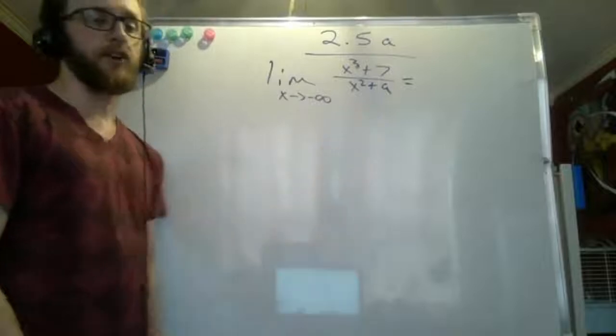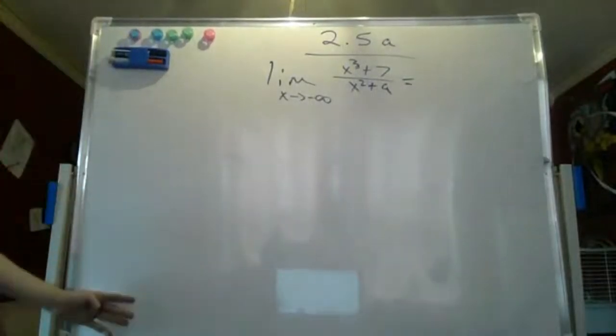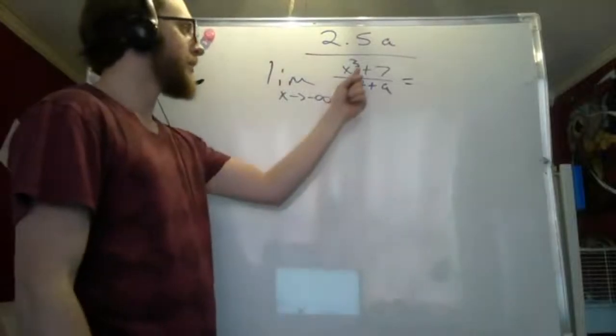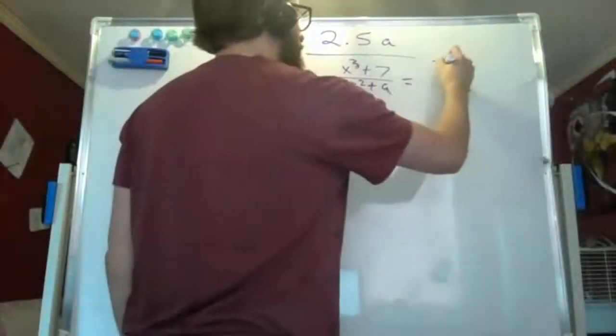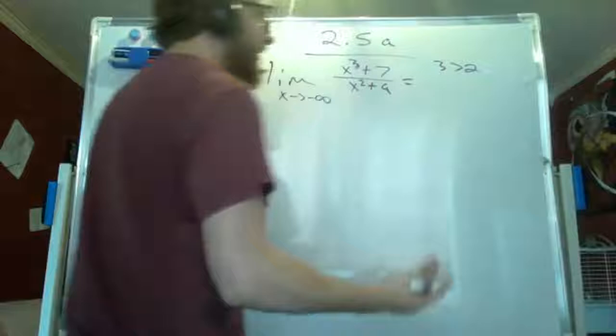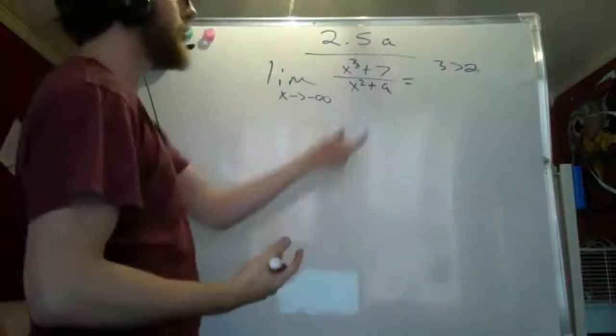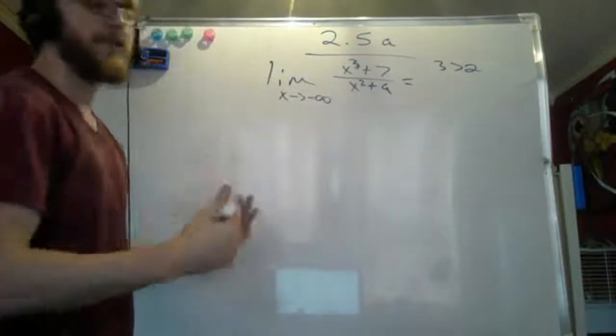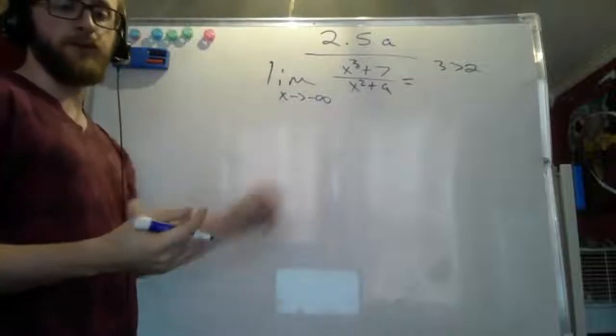This is like our example in that special case of when we need to look at the powers. Notice here, 3 is bigger than 2. So what does that tell us? That tells us in the long run, the numerator is going to take over and blow up to infinity.